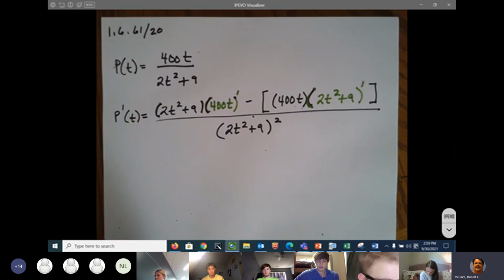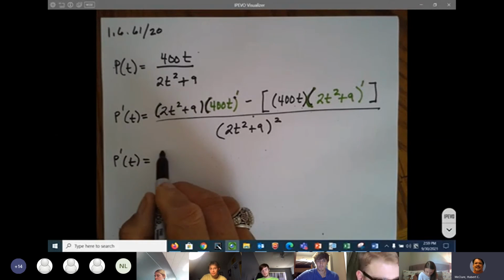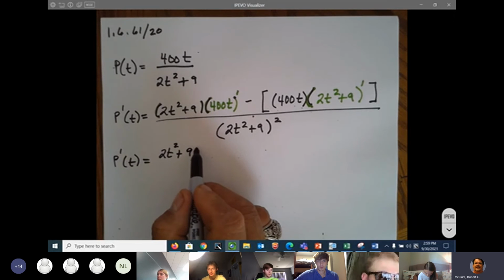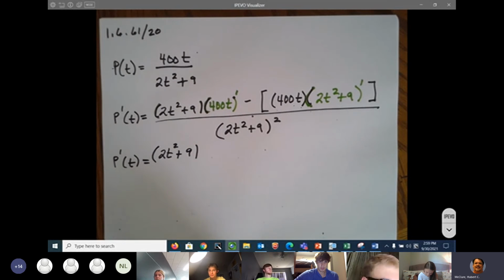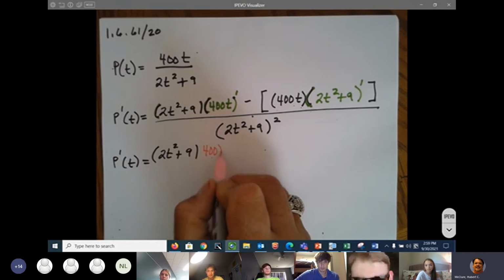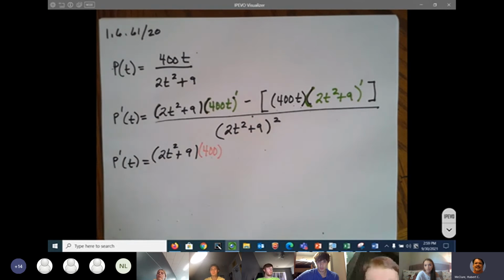All right, here we go. P prime of t is equal to 2t plus 9. Somebody tell me what the derivative of 400t is. 400, thank you, class, for your communication.